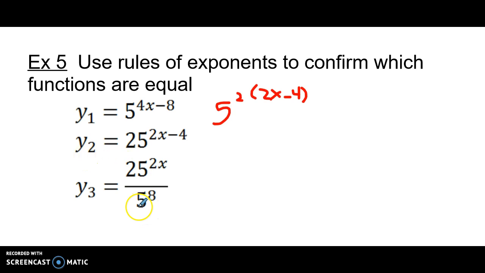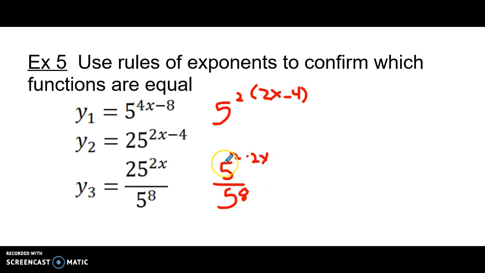Now let's look at this one. I've got 25 to the 2x. Let's see, that'd have to be 5 squared to the 2x. So that's 2 times 2x, over 5 to the 8th. When I'm dividing and I have the same base, let's think about what we do.